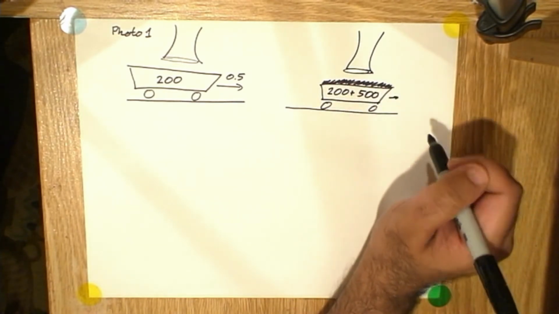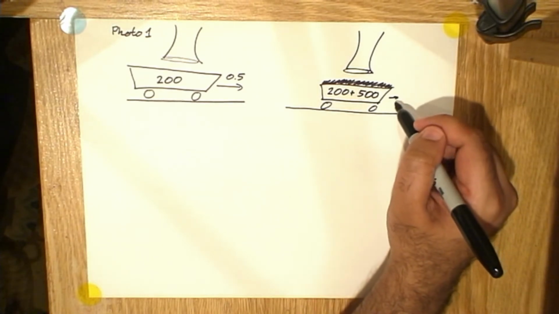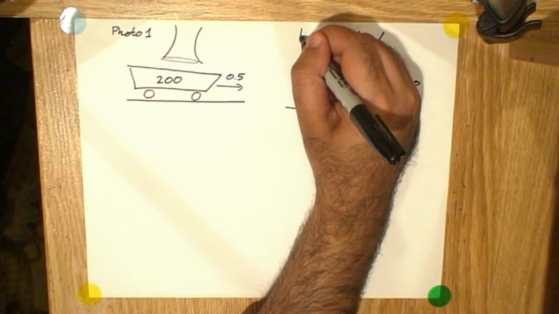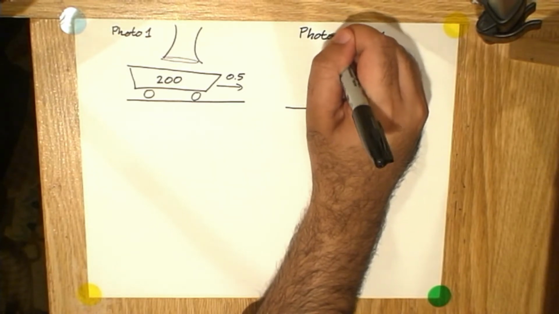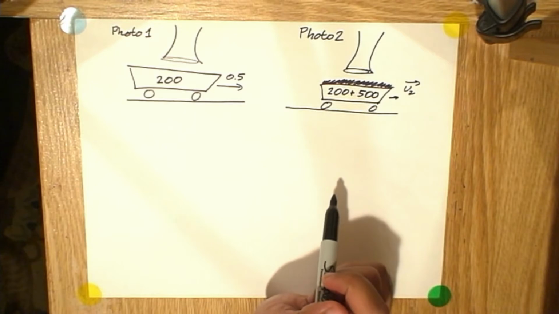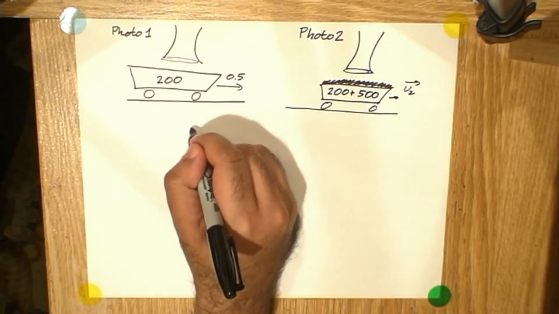We do not know what its final velocity is yet. That is what we would need to solve for. And this would be photo 2. This situation can be solved using conservation of momentum.